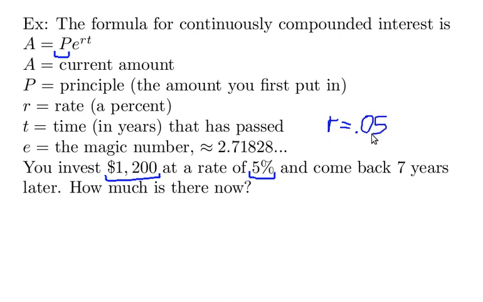Remember that when you convert the percent into a decimal, you have to move the decimal to the left 2 places. Then t is going to be this 7 years. So we have P, we have R, and we have T.